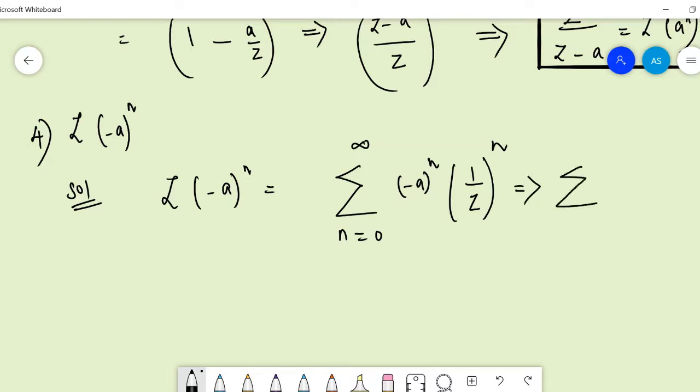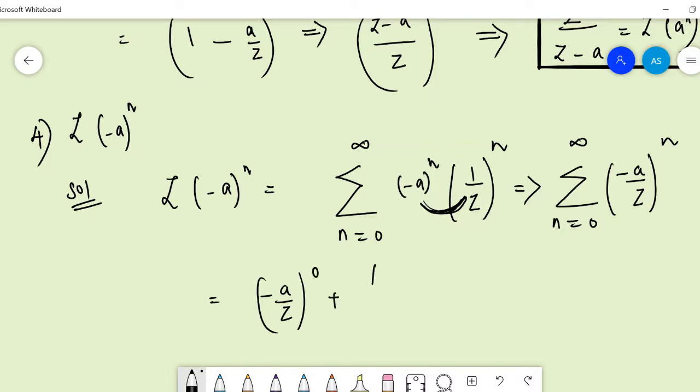Now we can combine minus a power n and 1 by z power n. The power is common here, so we can combine these two functions as minus a divided by z whole power n. Now expand the summation by giving values for n starting from n equals 0. So minus a divided by z whole power 0, minus a divided by z whole power 1, minus a divided by z whole power 2 plus etc.